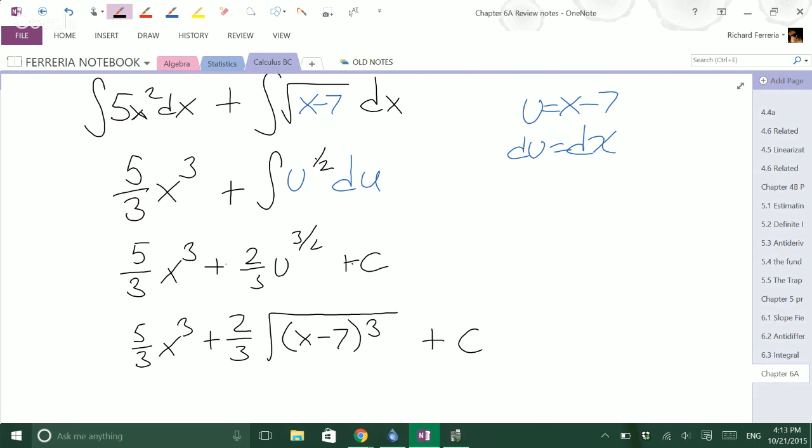Yeah. There would be no U plus C because you're substituting A and B. Yeah, but right now we're working on antiderivatives. So we're going to do that right now.